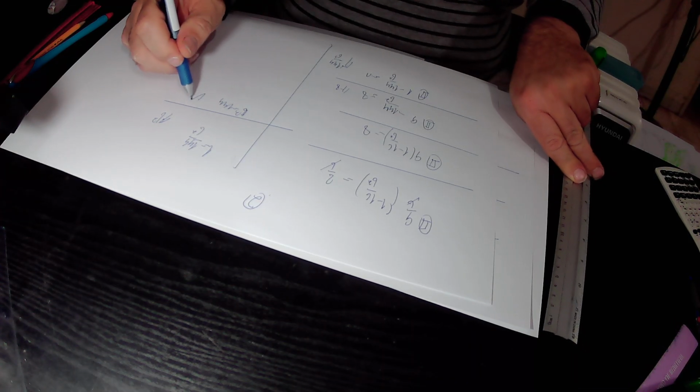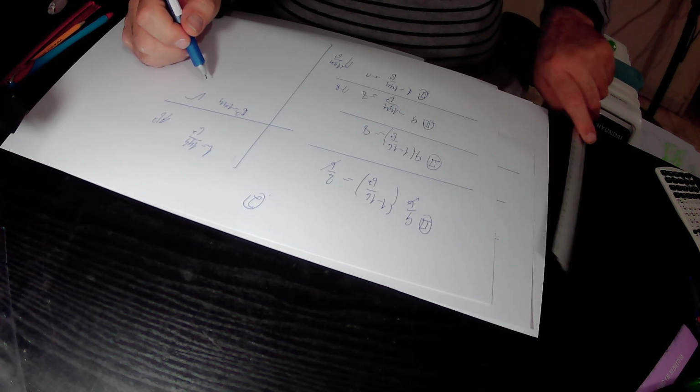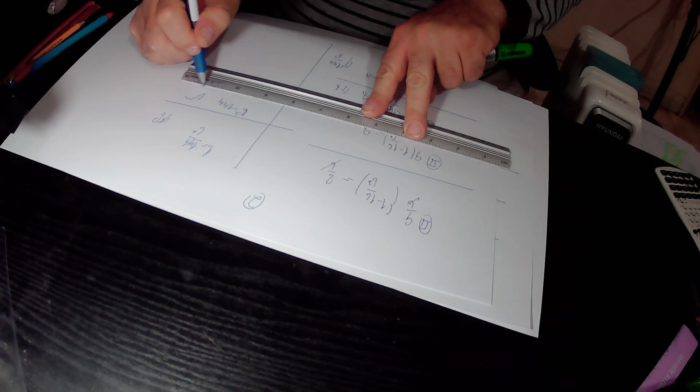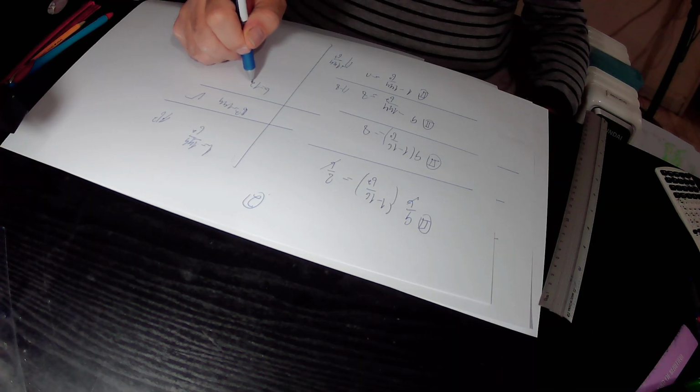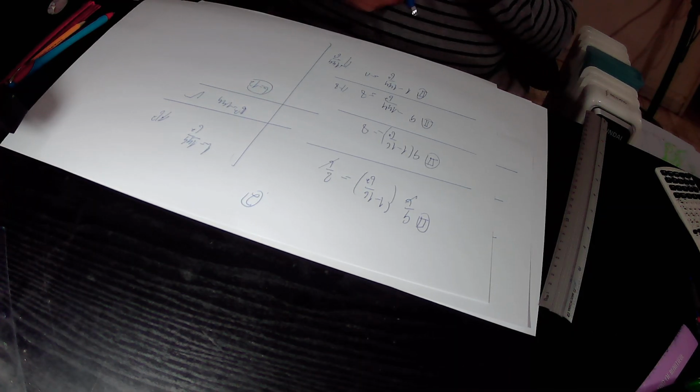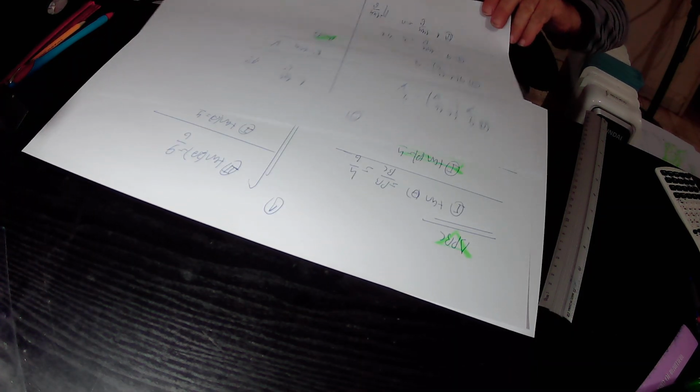Here we take the square root of this equation, and we get that b equals the square root of 144, that is 12. So in total we found that b equals 12 units.